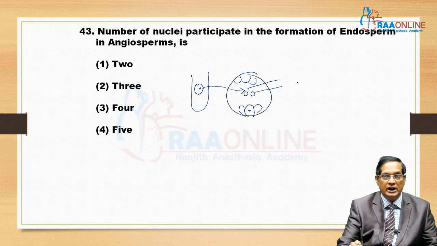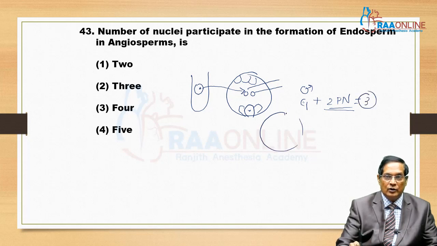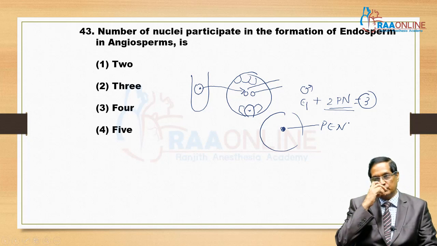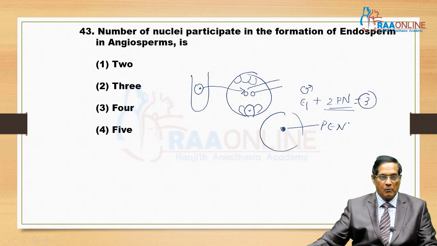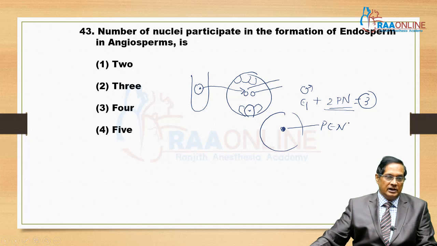So how many nuclei are fused? One nucleus of the male gamete and 2 polar nuclei of the central cell. Total number of nuclei participating is 3. Then the primary endosperm nucleus, or PEN, is formed, which further develops to form endosperm. So here the answer is 3.